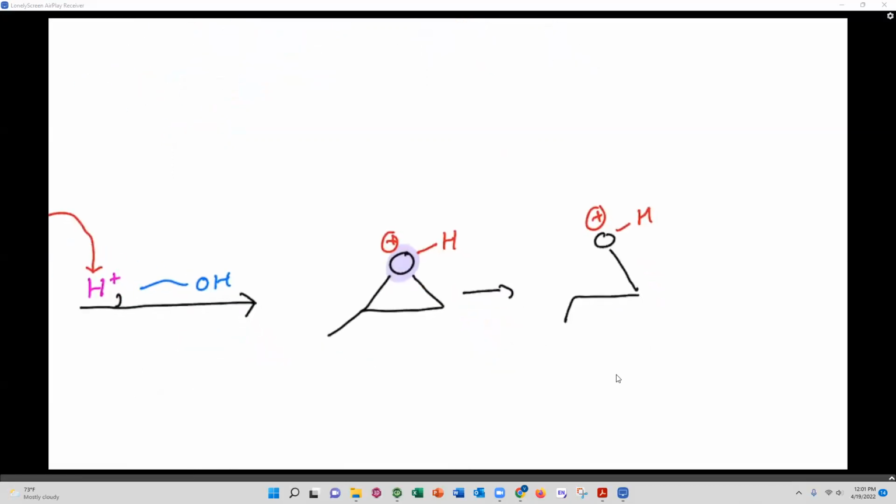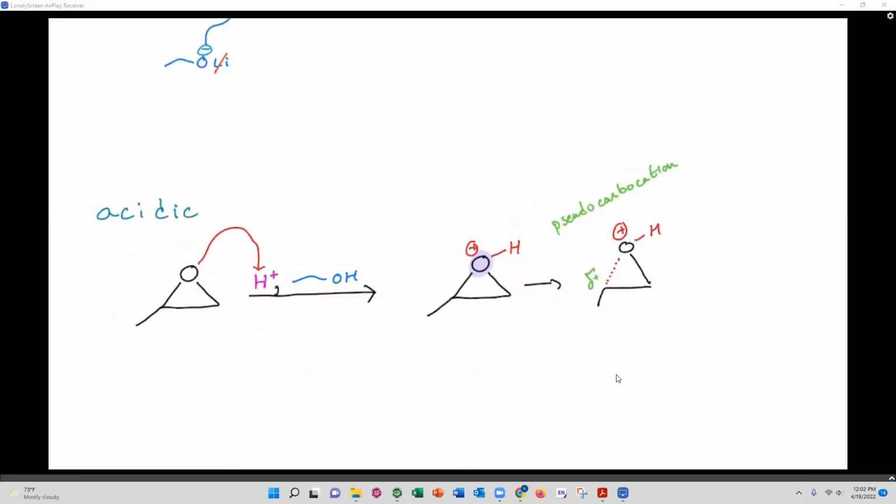The bond between the more substituted carbon and my leaving group starts to break. I form what's known as a pseudo carbocation. And so what's happening now is I'm getting a rather large partial positive charge.